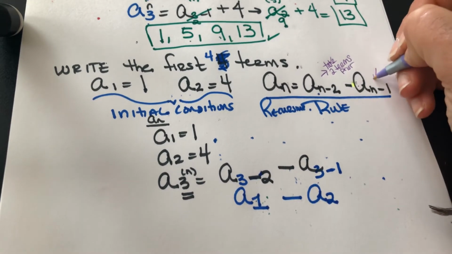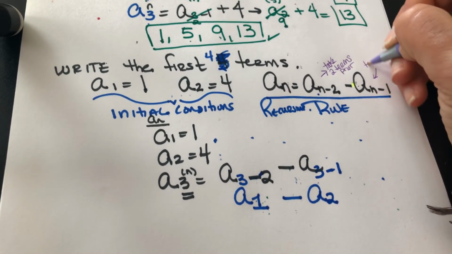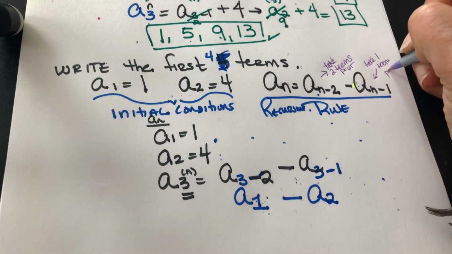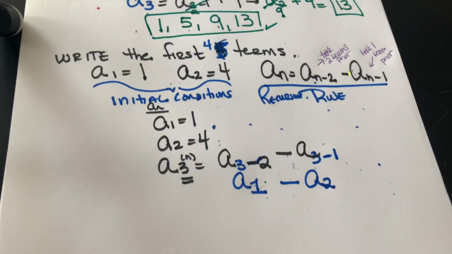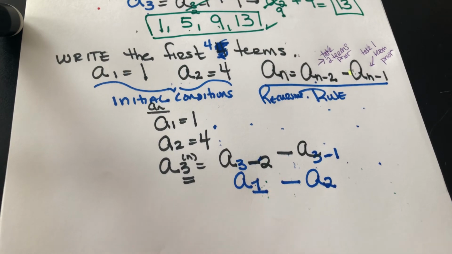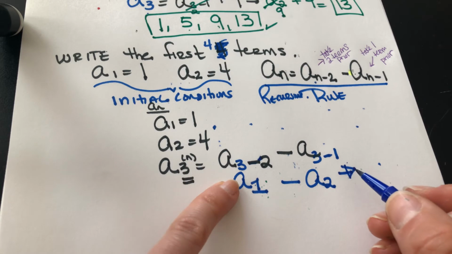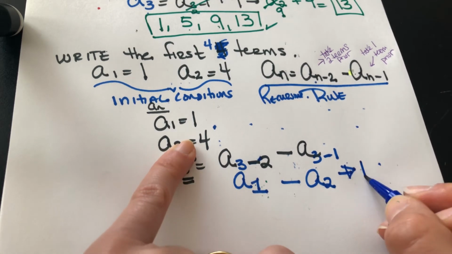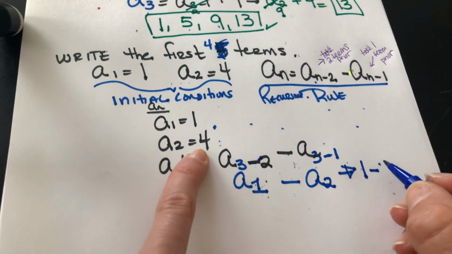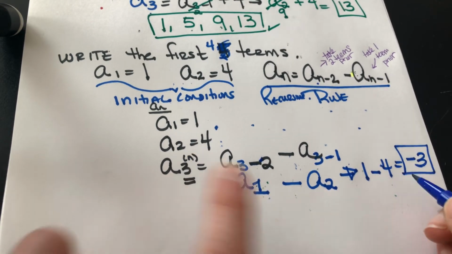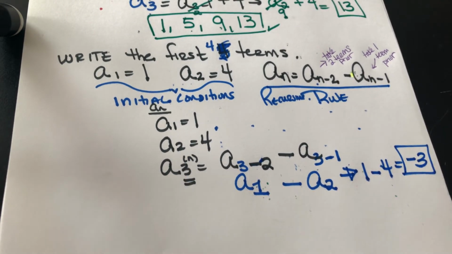And what n minus 1, which we already discussed, means take 1 term prior and do your work. So I would recommend you guys doing it like this in the beginning, especially so you understand it. Okay, A of 1's term was 1, minus A of 2's term is 4. So there you go, your final answer for the third term is negative 3.